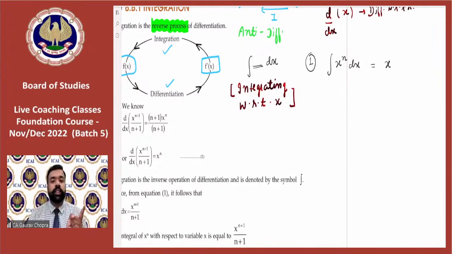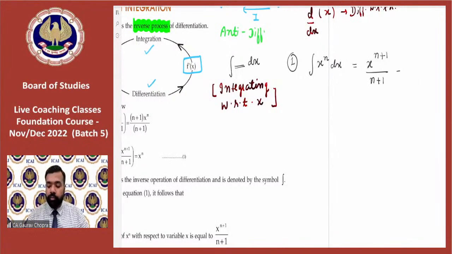In differentiation, we reduce the power by 1, but here, since the process is reverse, we increase the power by 1. So we will write n plus 1, and then divide by the same power, that is n plus 1.